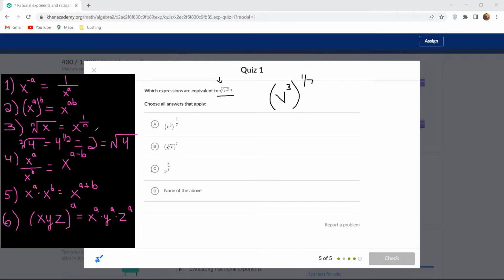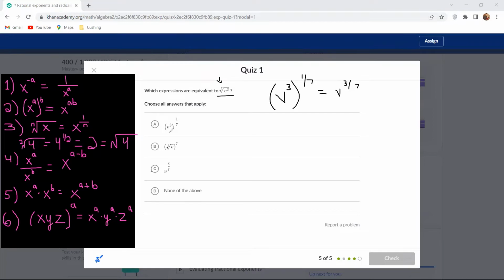So that's kind of the third rule, understanding how to work with the roots, how to work with the radicals. So looking here, we have something raised to an exponent, raised to another exponent. So we're going to use rule number 2 and multiply the exponents. It's going to give us v to the 3/7. So we need to choose all answers that match.